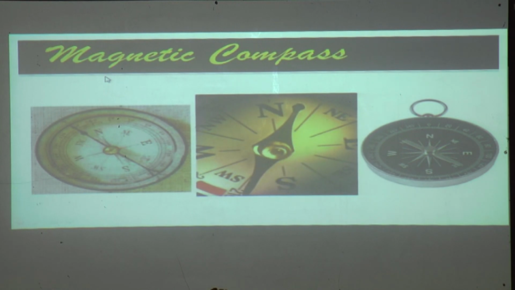So like this we can come to know whether a substance is magnetic or not. By this compass we will know.